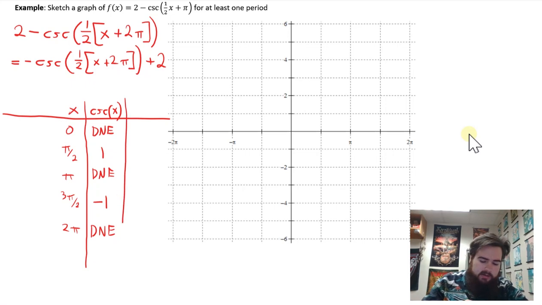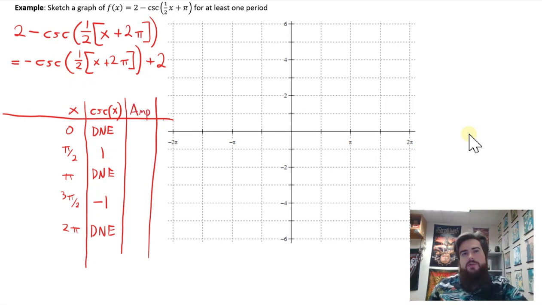From here then, let's apply our changes. Starting with the y-coordinates, I will do the amplitude first. Always do the amplitude and the period change before you do shifts. The amplitude here, I don't see a number in front of the function of cosecant, but I do at least see a negative. The number in front of cosecant, just like a coefficient that you don't see, is a 1.